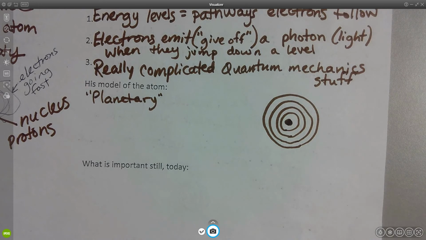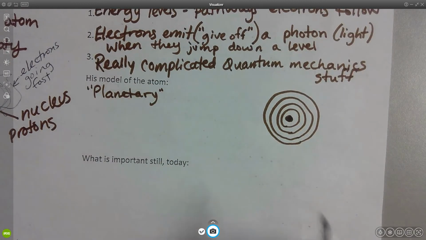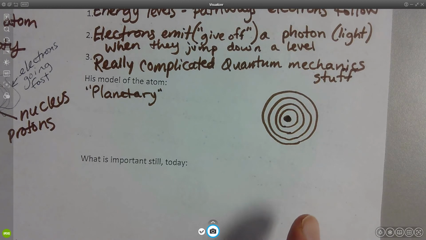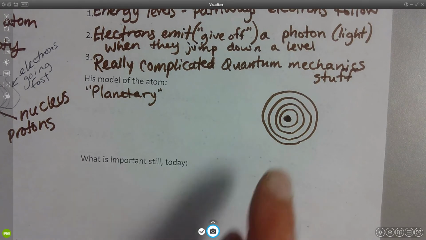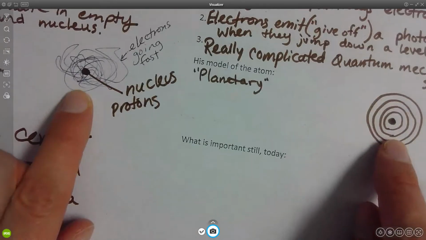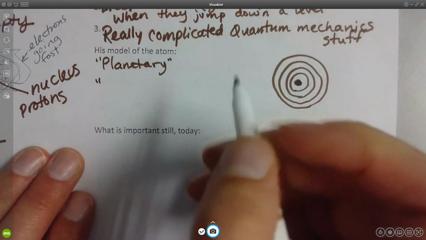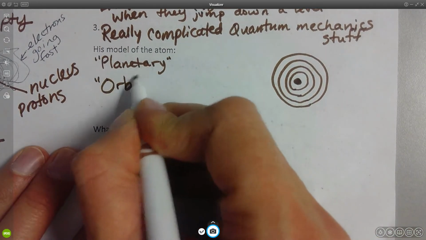All right. And then, so we talked about this. So his model sometimes gets called the planetary model. Can you see why? It looks like the solar system, right? But can you see the connection there? It's not that different really, right? Except for the chaos idea. So the other name this one often gets called is the orbital shells idea.